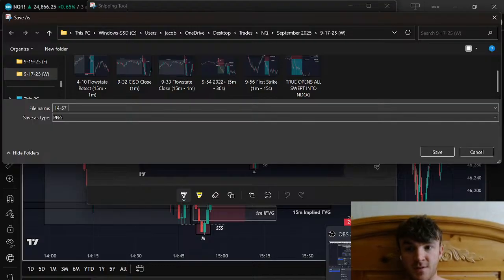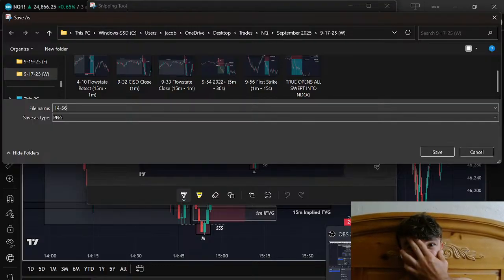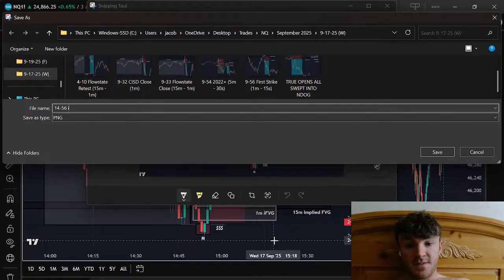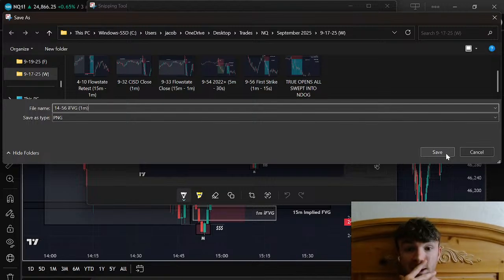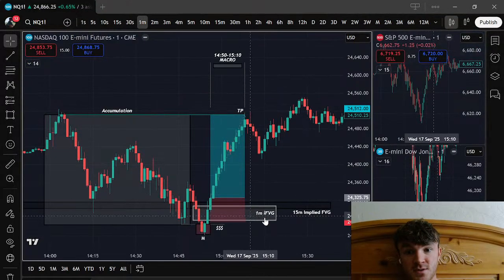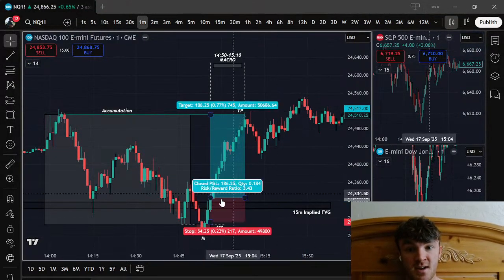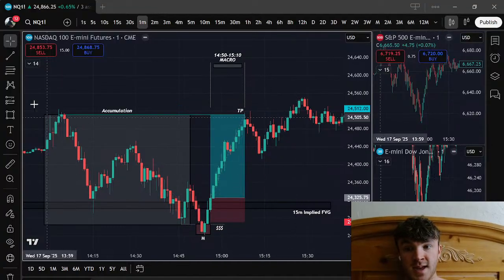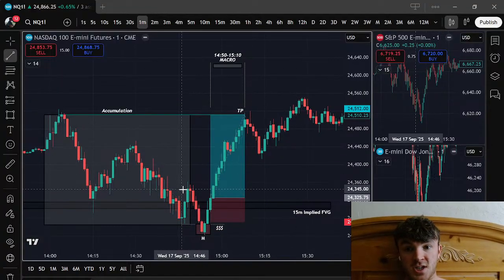So 14:56. Yeah, we don't even have this trade in here yet. This was just a simple IPG on the 1 minute. Bang. Pretty clean, guys. So let's also mark out the flow state version of this, which, if you don't know what I'm talking about, is essentially that we had a 15-minute gap, and then we also had a 1-minute change in state of delivery.